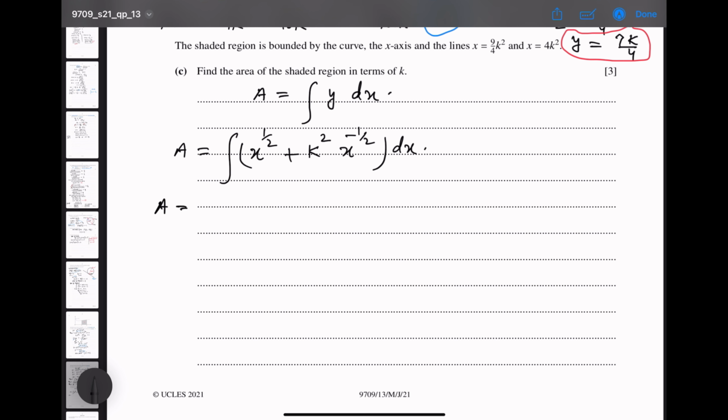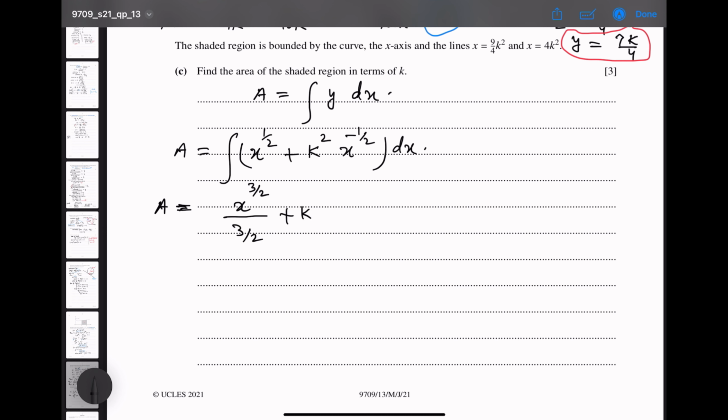Area will be integrating the right hand side. The integration of the first term: adding 1 to the power and writing the same in the denominator, x power 1 over 2 plus 1, that is 3 over 2, over 3 over 2.